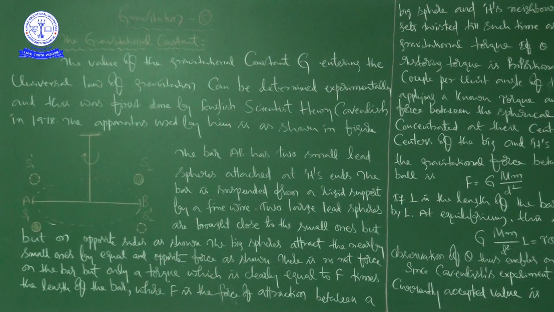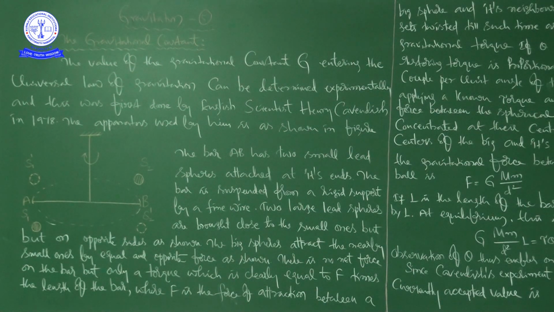If you join these two, then F is directly proportional to m1 m2 by r square. To remove the proportionality, we add a constant, capital G. Including the constant, you can write the expression for gravitational force as F is equal to G into m1 m2 by r square, or mM by r square.